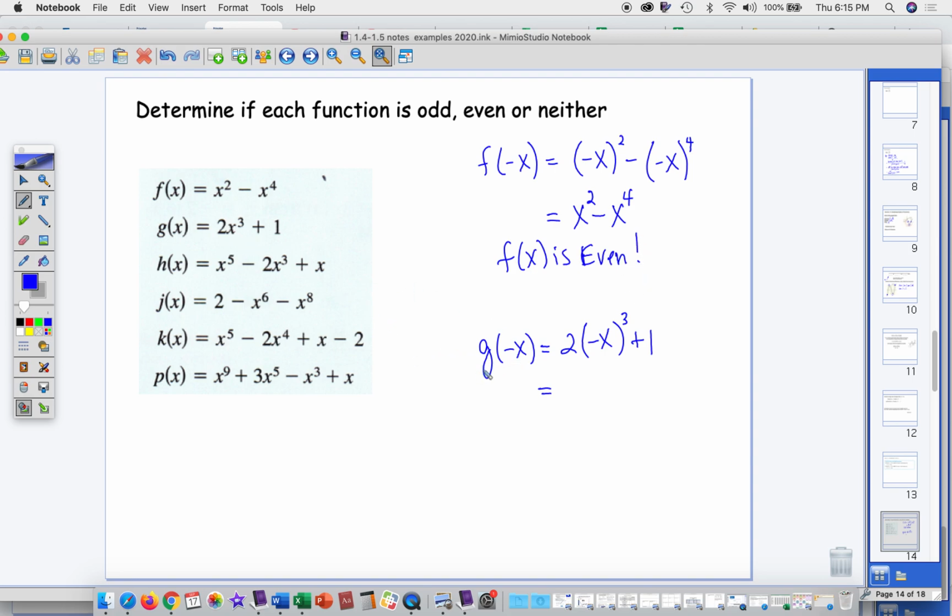For g of x, if I calculate g of negative x, I have negative x to the third power. That makes this negative 2x cubed plus 1. So if I compare this, I have opposites here, but I have the same sign here. So I don't have f of x, or g of x. I don't have the original function, and I don't have the opposite of g of x.